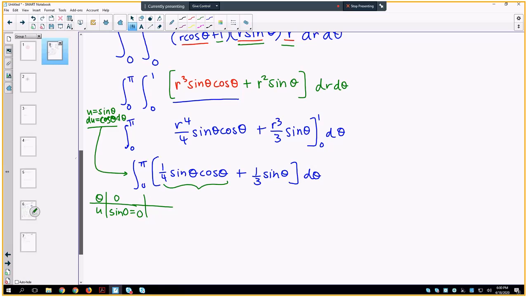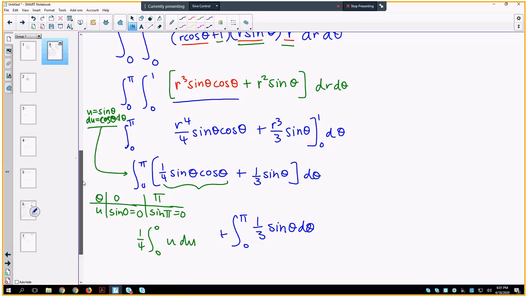And if it's pi, sine of pi is 0. So this much is integration 0 to 0, 1/4 u du. And this one I'm not going to change. I'm going to keep this as integration 0 to pi, 1/3 sine theta d theta.